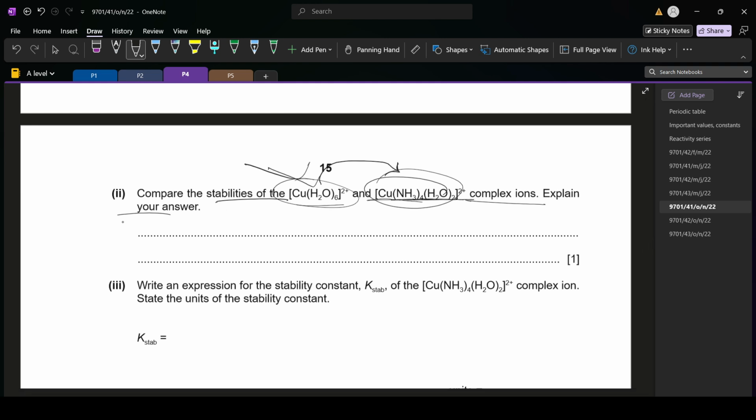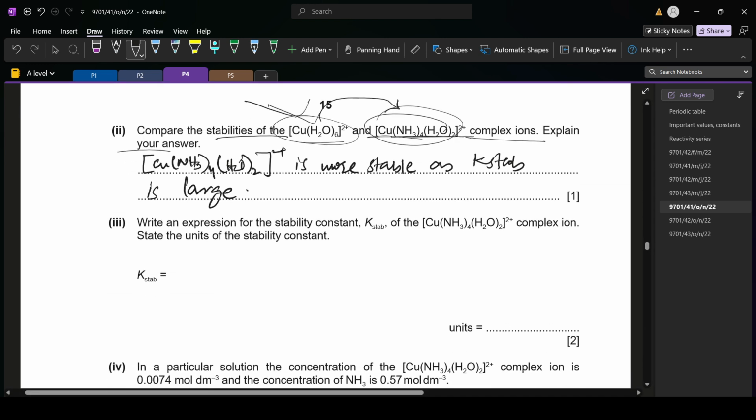So you can say this complex of copper is more stable as K stability is larger. The larger the K stability value, the more stable the complex.